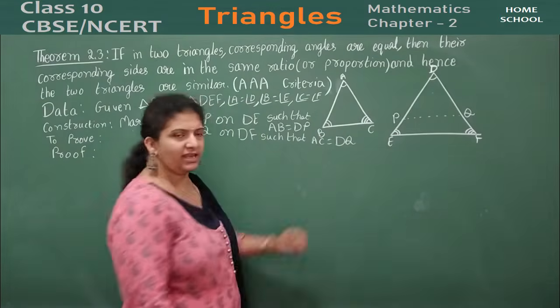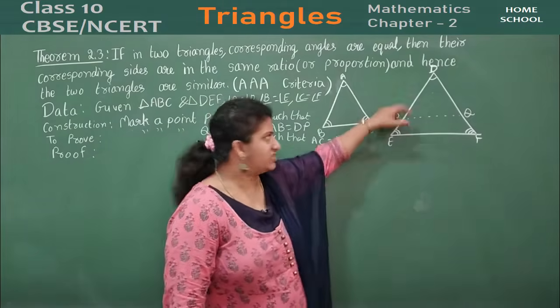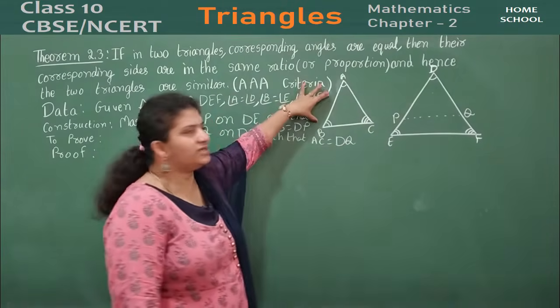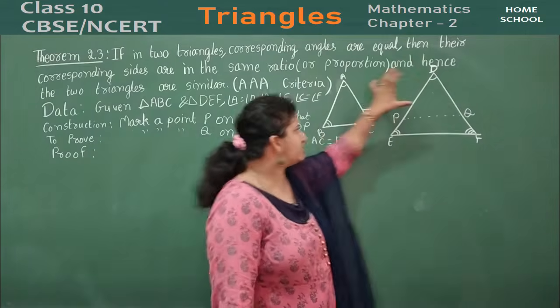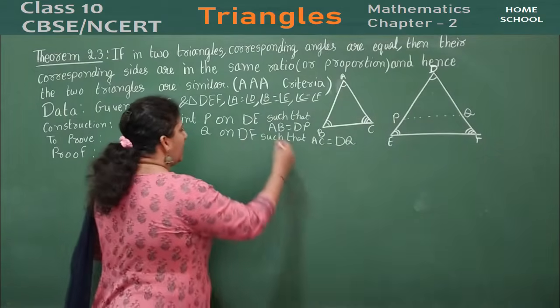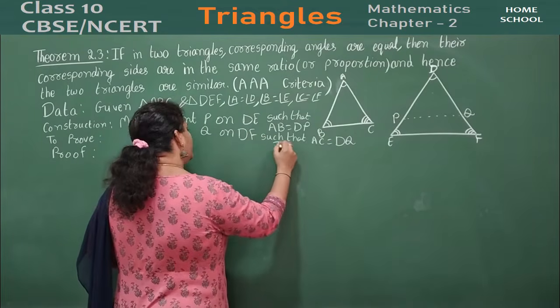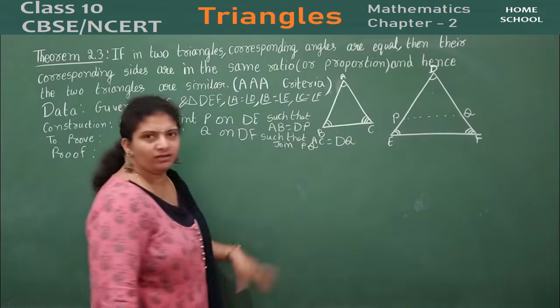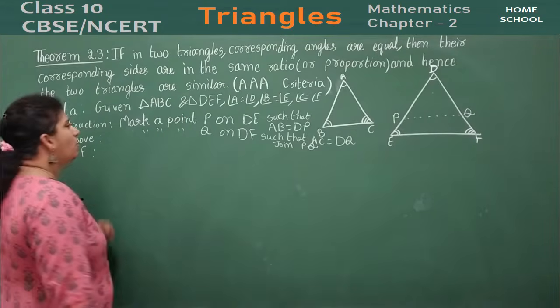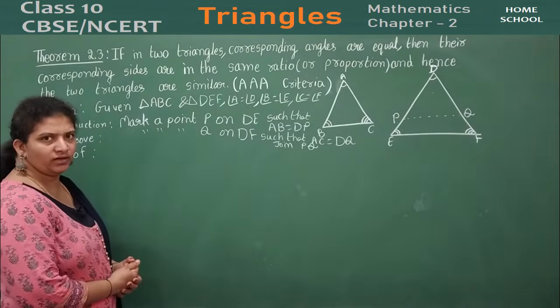So once again, mark a point P such that this length should be equal to this length. And mark a point Q here such that this length is equal to this length. And now, one more line, what you need to write here? Join PQ.